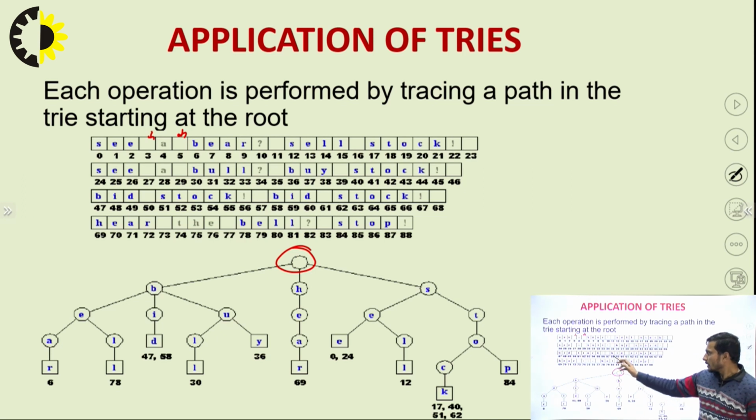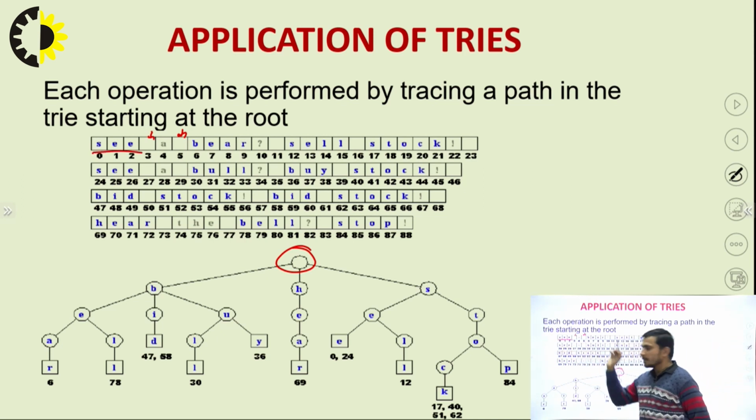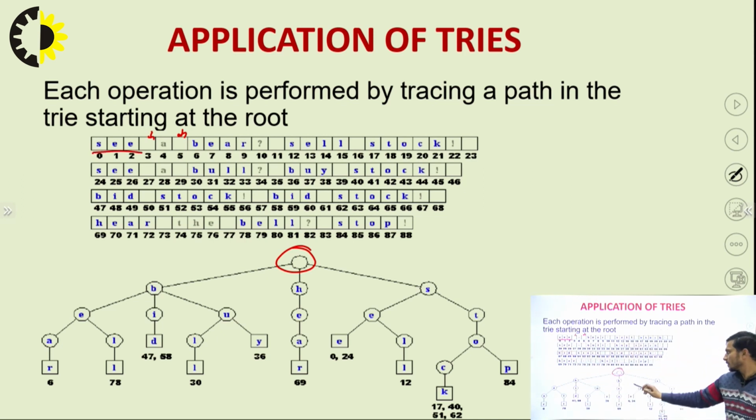Now if I look at this word SEE, we have S here, then E here, and then E here. Now what are the occurrences? These values represent the occurrences of this word in this particular text. So this occurs at index 0 and it also occurs at index 24.